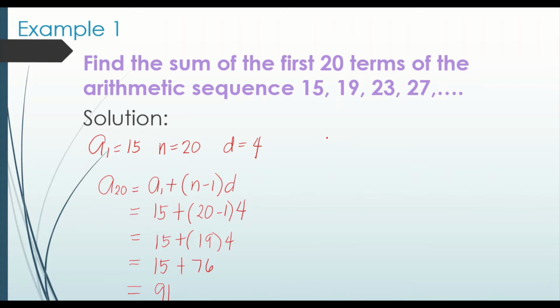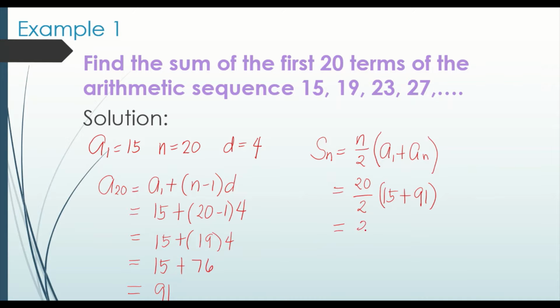So to find the sum of the first 20 terms, S sub n is equal to n over 2 multiplied by a sub 1 plus a sub n. Our n is the number of terms, so 20 divided by 2, multiplied by a sub 1, which is 15, plus the last term, a sub 20, which is 91.